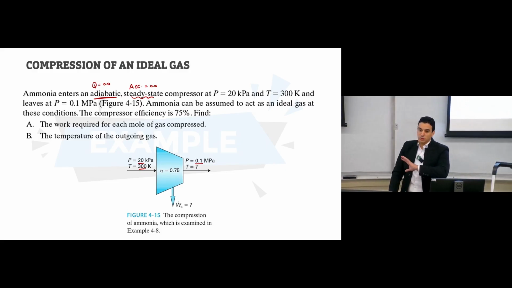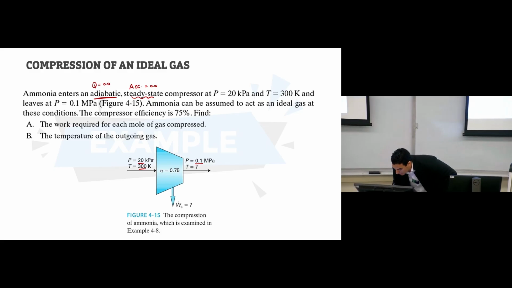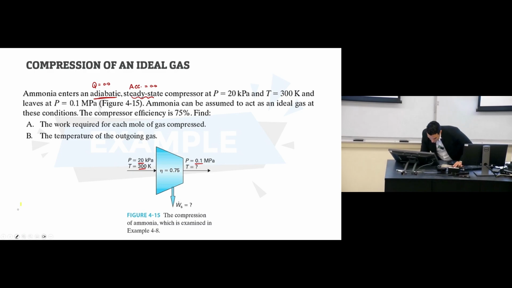When you start, if you need to convert everything to SI, just make sure that here the inlet pressure is in kilopascal and here the outlet pressure is in megapascal. To convert kilopascal to pascal, the inlet pressure is 20 times 10 to the power 3 pascal.